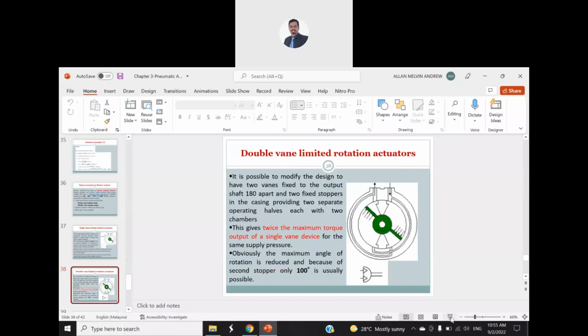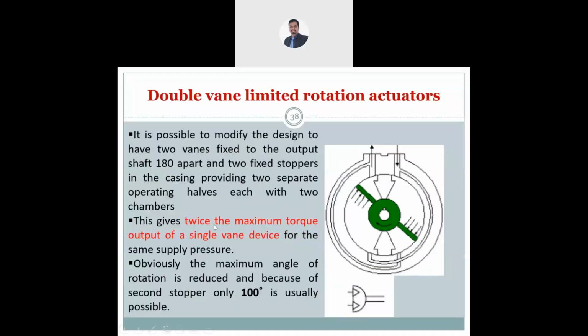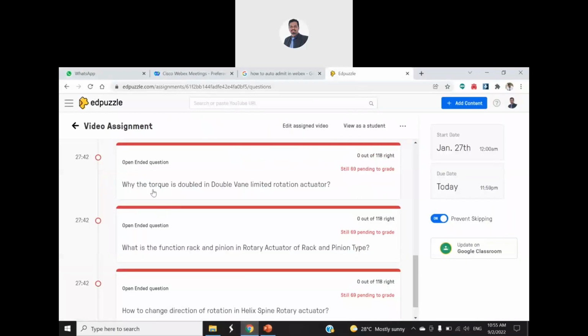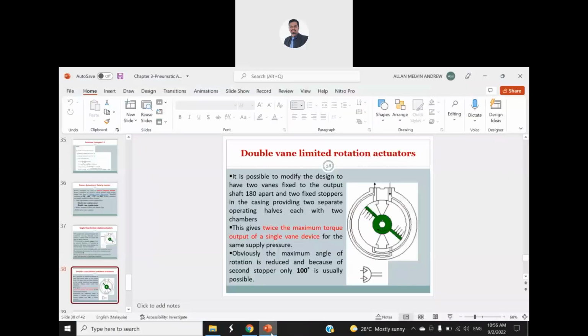Okay, so it says that it gives twice the maximum torque output of a single vane. So if a single vane can produce 10 Newton of force, a double vane can produce 20 Newton of force. So that's what we mean by double. So the question is asking why the torque is double in a double vane limited rotation actuator. Why? If you compare with the tandem, I think I have given the answer during the lecture last time.